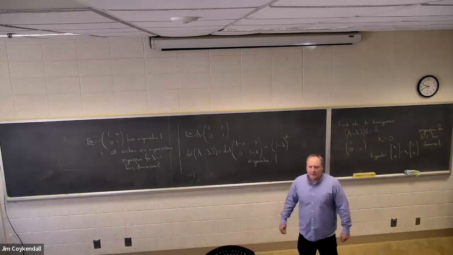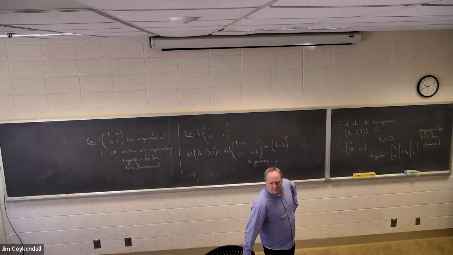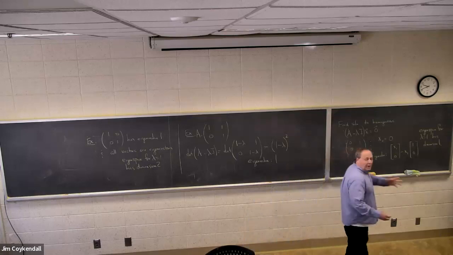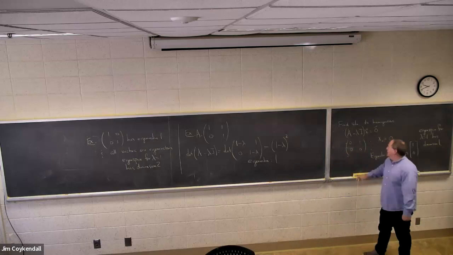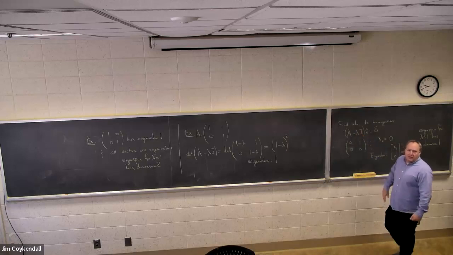Just to clarify, the eigenvectors for a given eigenvalue are the null vectors? Yes. Suppose you've got your eigenvalue lambda, you make the matrix A minus lambda I, and then find the solution, the null space for that. That's what you're looking for.